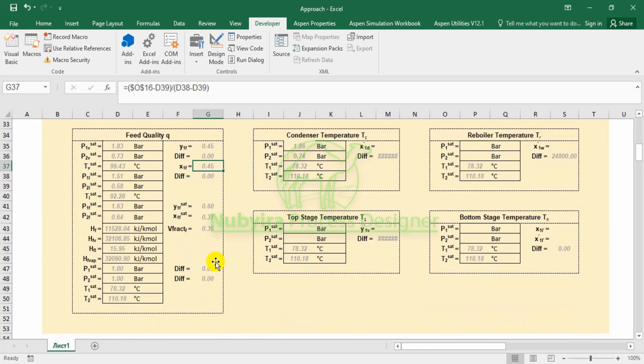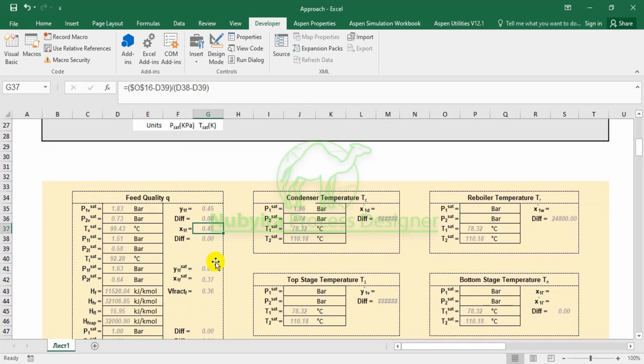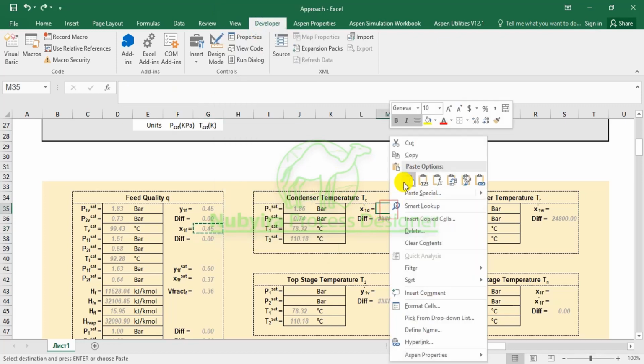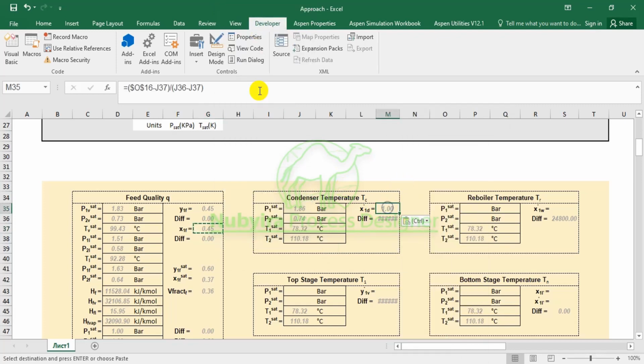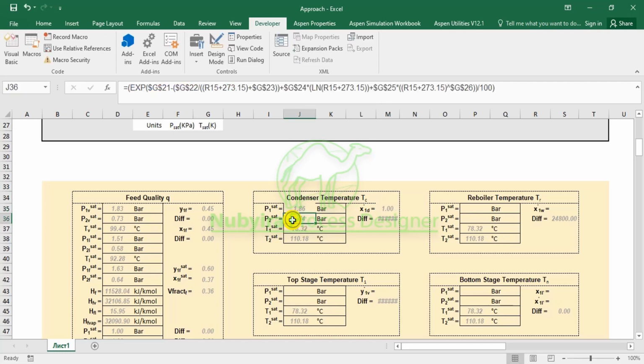So the next thing is just to copy the formula for the liquid mole fraction. I'm looking for the shortest formula to copy. Okay, let me copy this. So let's just copy this here. So we have something like this. 35, 36, okay.